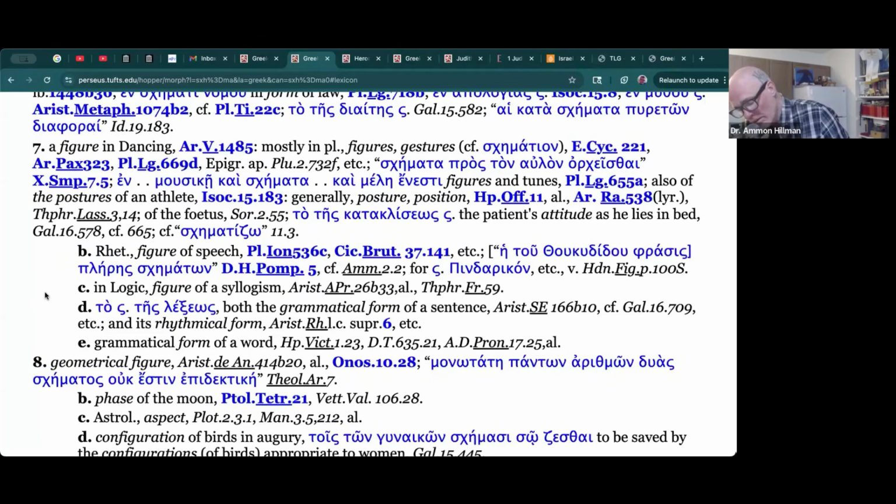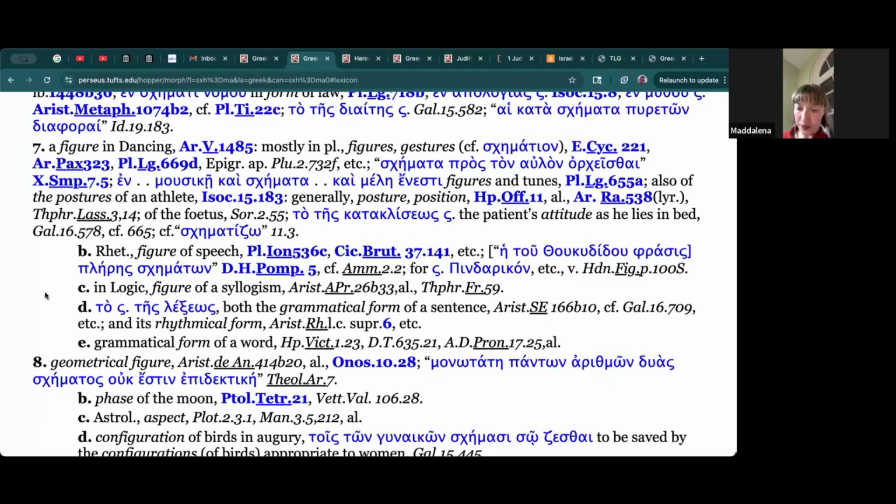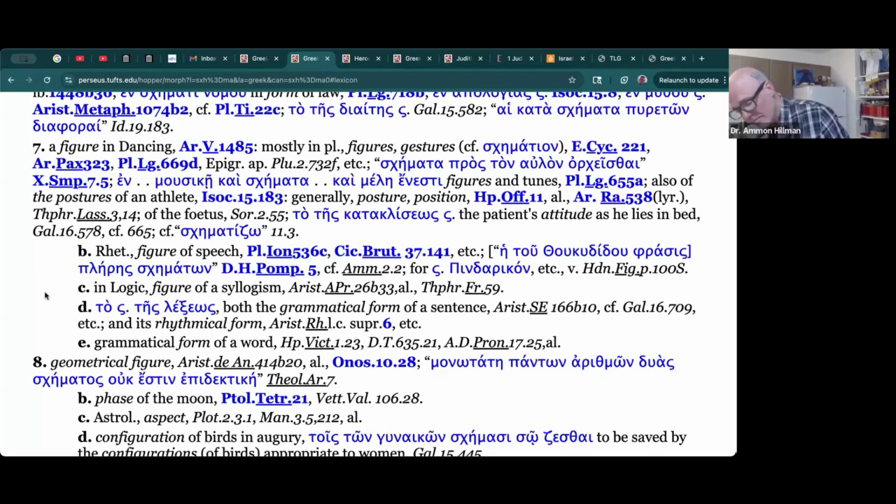Well, where's our main clause here? Just look for the main clause, something that can stand alone. It doesn't need anything else. It makes sense all by itself. And you get tous politas edidaxen, he taught the citizens.